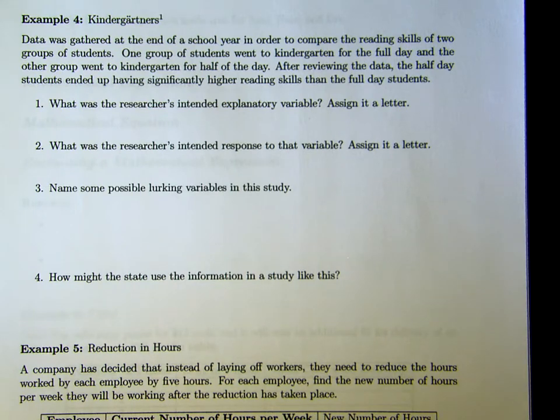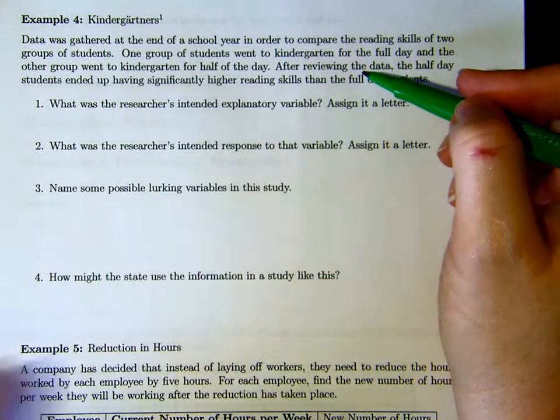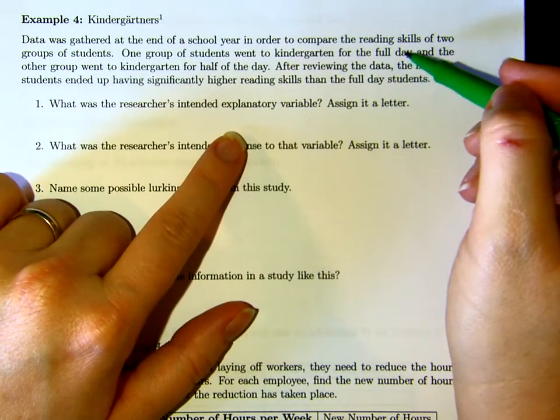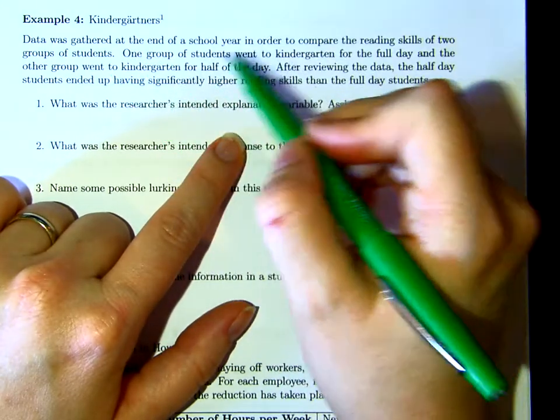Number 1. What was the researcher's intended explanatory variable? And let's assign it a letter. Okay, and then I'm going to go ahead and look at number 2 as well, which is what is the response? So when I think about what was manipulated, I think the time of day. One class was full day and the other was a half day.